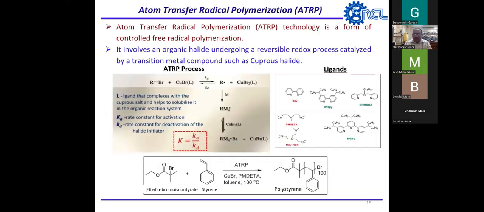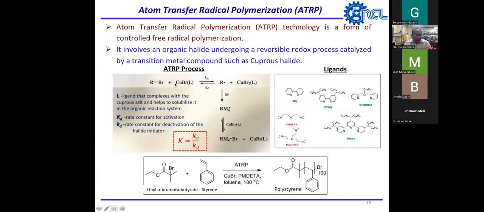Then I will just briefly go through this. I don't want to go into details about the mechanism, otherwise you won't understand in detail, but I will give a brief introduction to atom transfer radical polymerization. So what is ATRP? In short, it's called atom transfer radical polymerization. It's a technology to form controlled free radical polymerization, which involves organic halides using a reversible redox process catalyzed reaction.